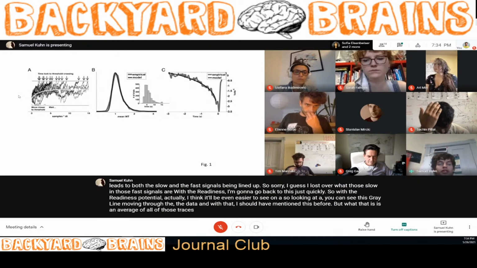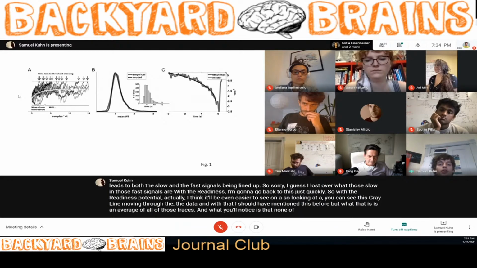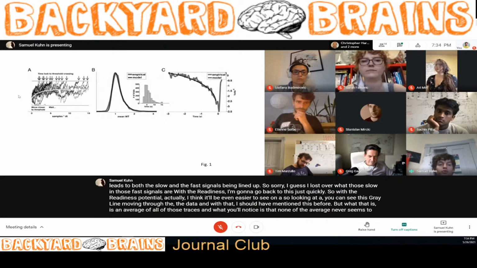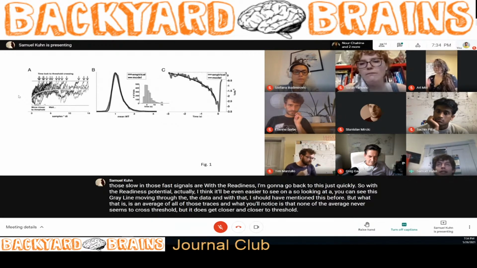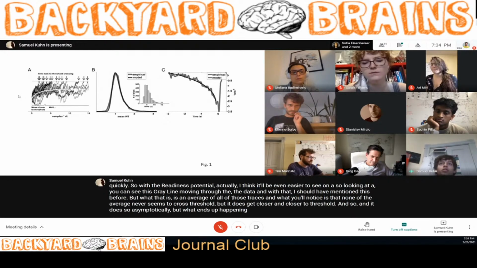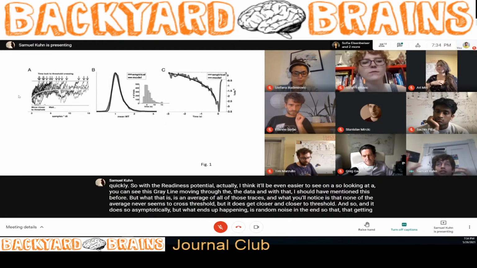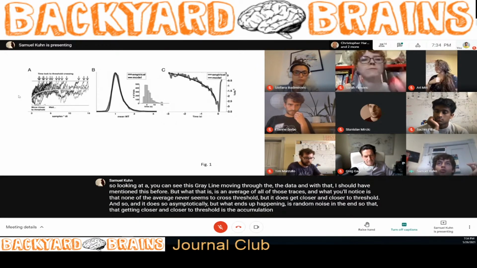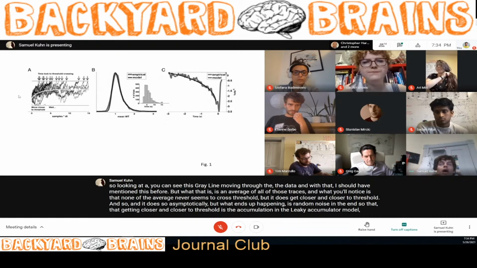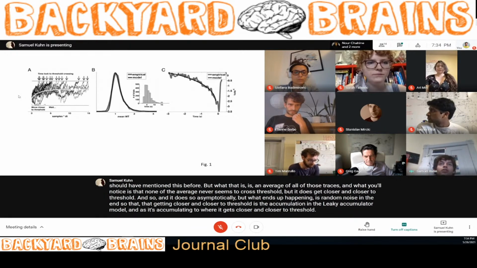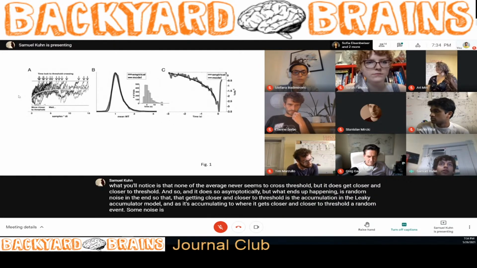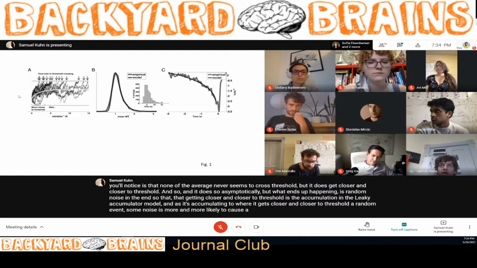What you'll notice is that the average never seems to cross threshold, but it does get closer and closer to threshold, and it does so asymptotically. But what ends up happening is random noise. That getting closer and closer to threshold is the accumulation in the leaky accumulator model. And as it accumulates closer to threshold, a random event, some noise, is more and more likely to cause a threshold crossing event.